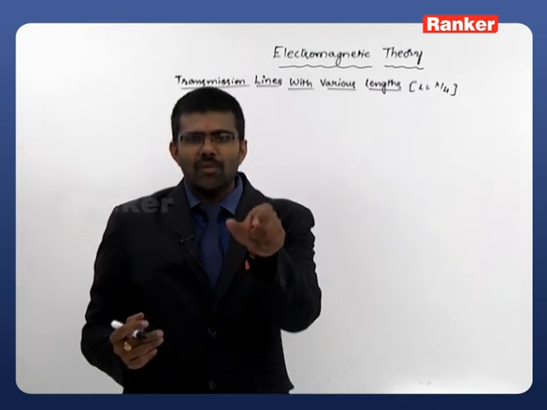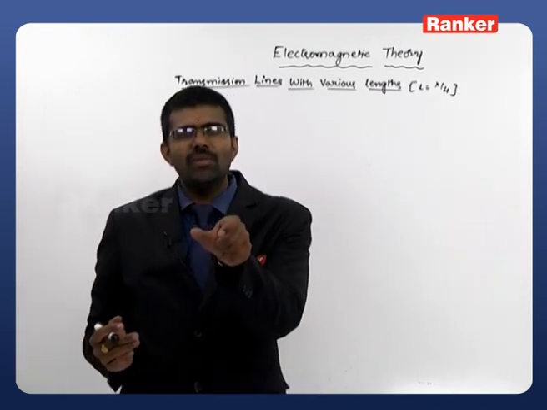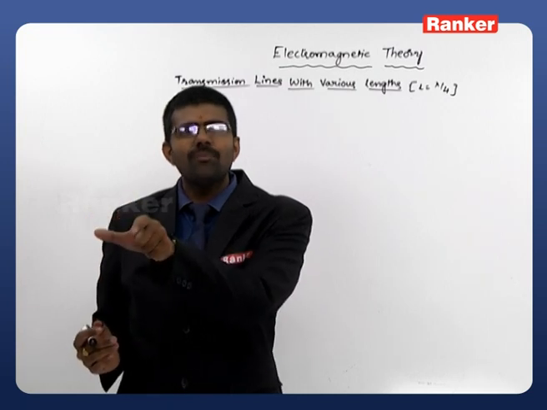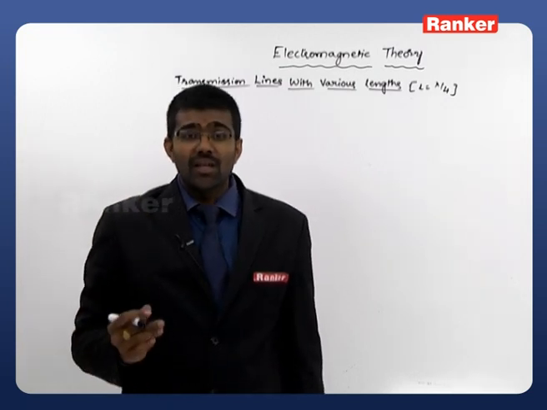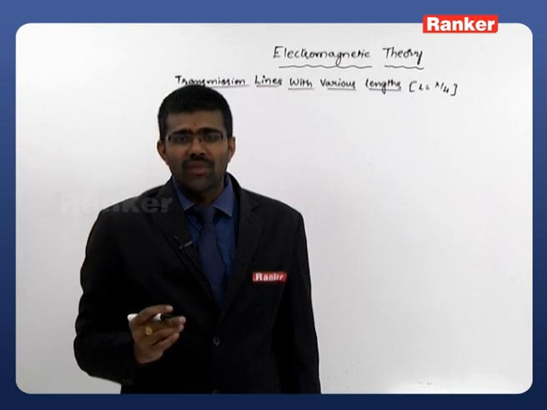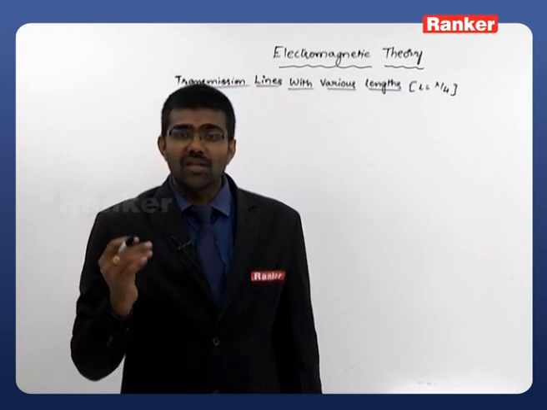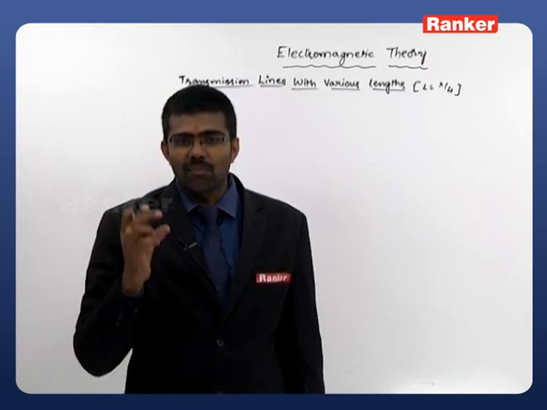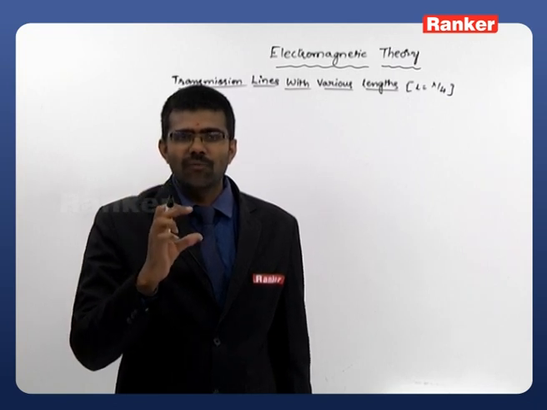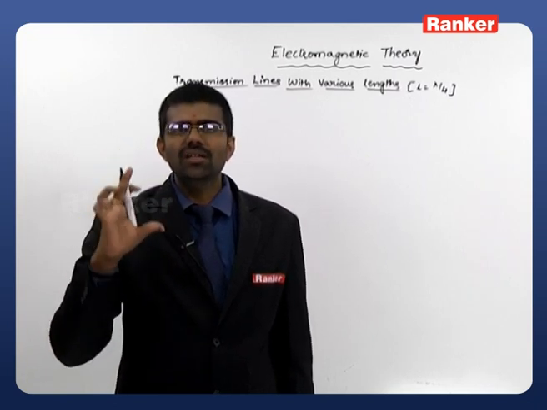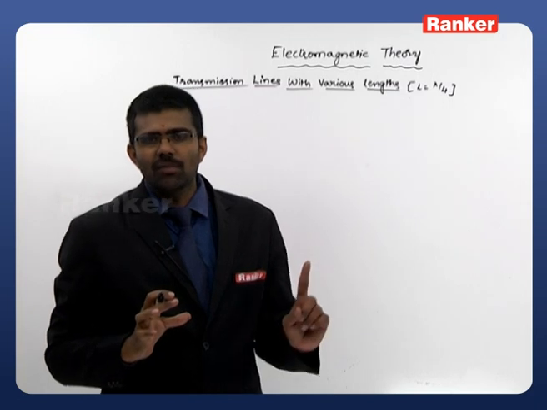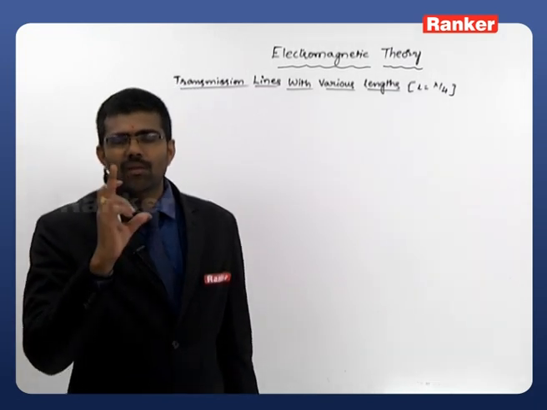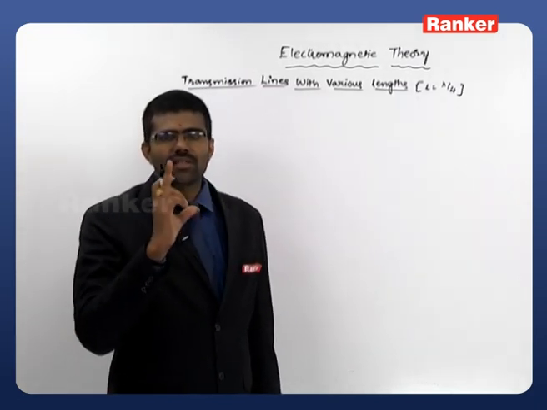Similarly, in antenna theory there is a lambda by 4 dipole and a lambda by 2 dipole, where lambda by 2 or lambda by 4 corresponds to the length of the antenna. Here also, lambda by 4 describes the length of the transmission line.